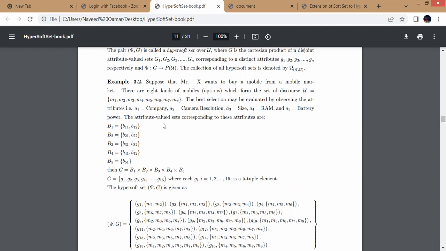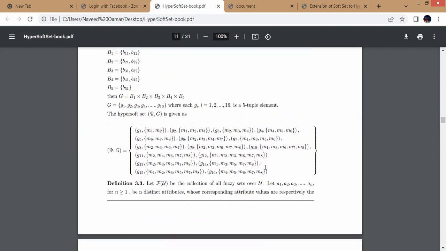Their attribute values are B11, B12; capital B2 is equal to B21, B22; B31, B32; B41, B43; B51. These are five attribute values. Then G will be equal to B1 cross B2 cross B3 cross B4 cross B5. So here is the Hypersoft set.